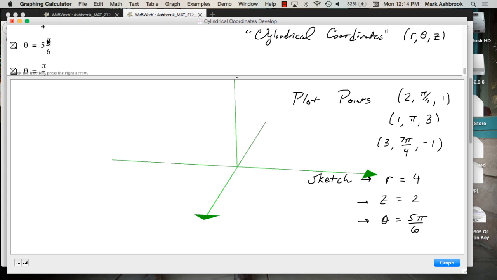In cylindrical coordinates, we really just deal with positive r and angles from 0 to 2 pi. We don't go beyond that angle, and we don't use negative r. So 5 pi over 6 is just pointing in this one direction, away from the z-axis, and we don't consider negative r back here. So we get half a plane.